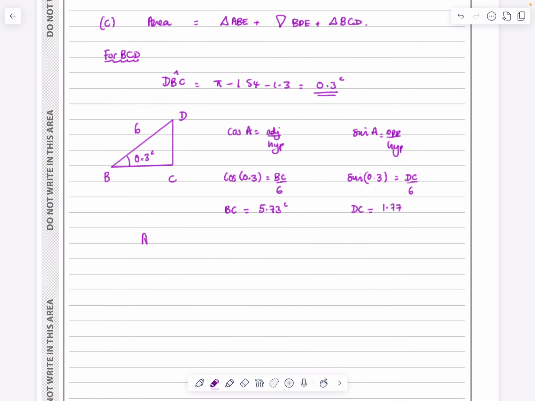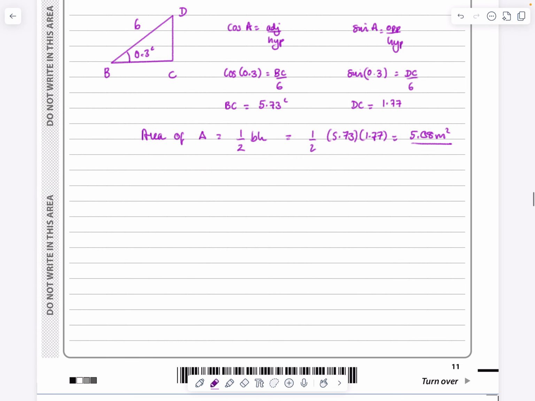And then the area of the triangle is just half base times height. So that's half times 5.73 times 1.77. And apparently that works out to be 5.08 square meters. So that's the area of the right angle triangle.